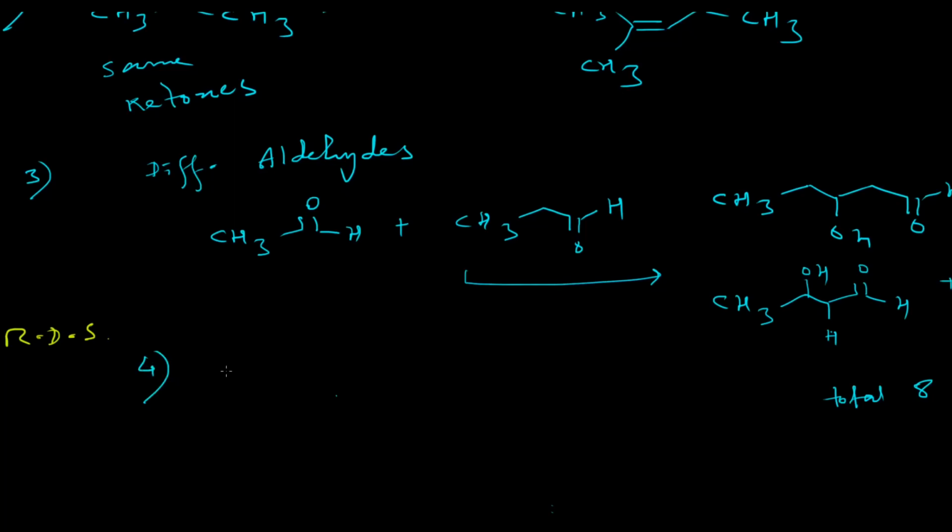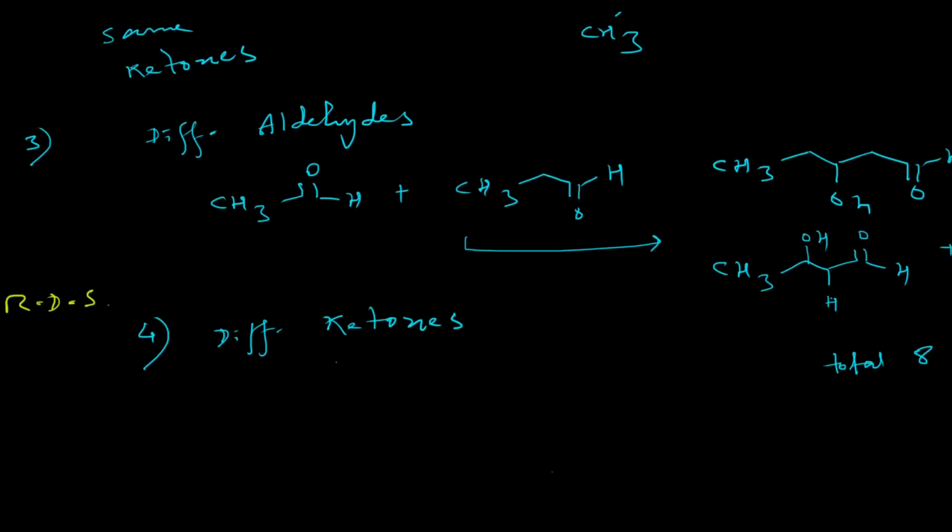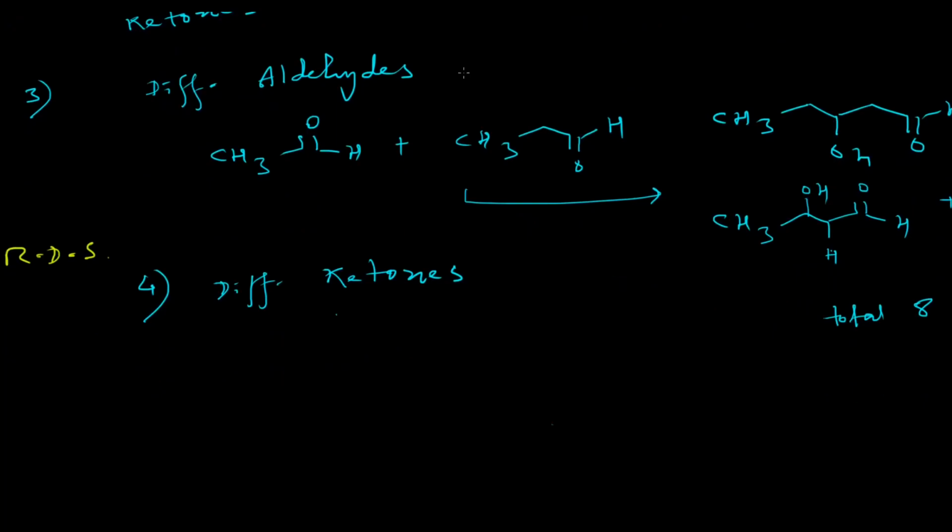In the same fashion, different ketones also can undergo cross aldol reaction. So when different aldehydes react with each other, it is called cross aldol reaction. So like this, cross aldol reaction for different ketones are also there.